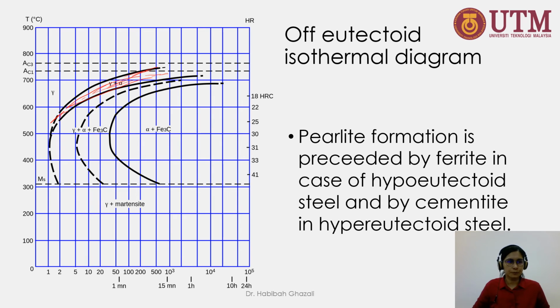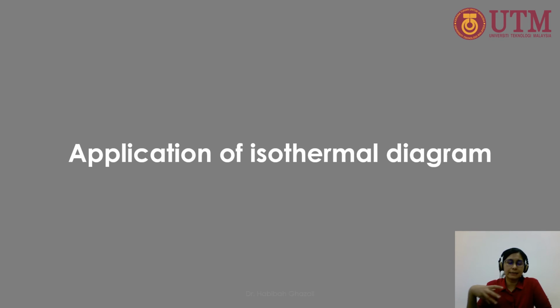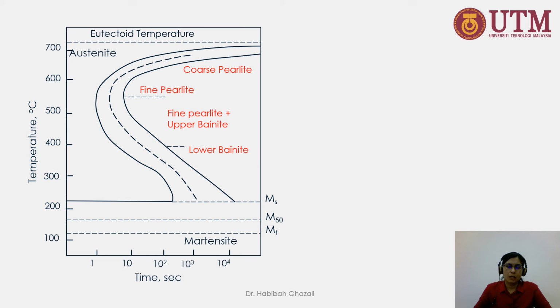Before I end this lecture, I would like to discuss a little more example on how we can use the TTT diagram, in particular how we use the eutectoid steel TTT diagram to design our heat treatment process. The procedure that the blacksmith used in the olden days to forge a sword is what we call the steel tempering process.